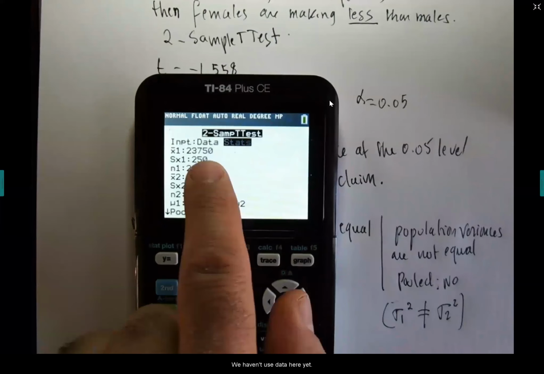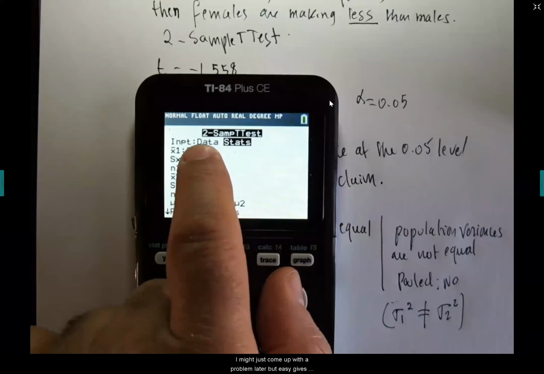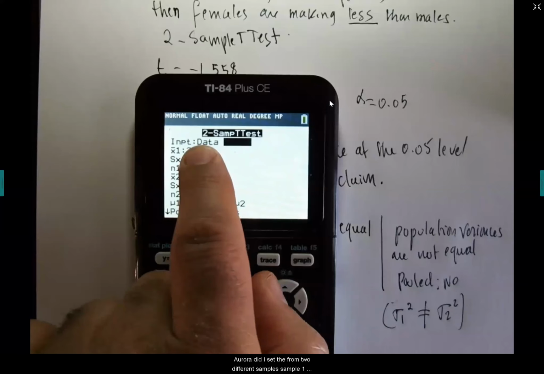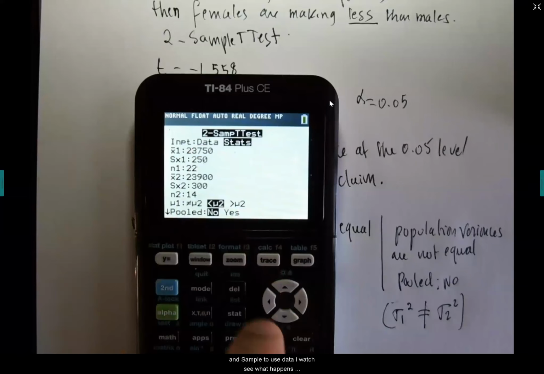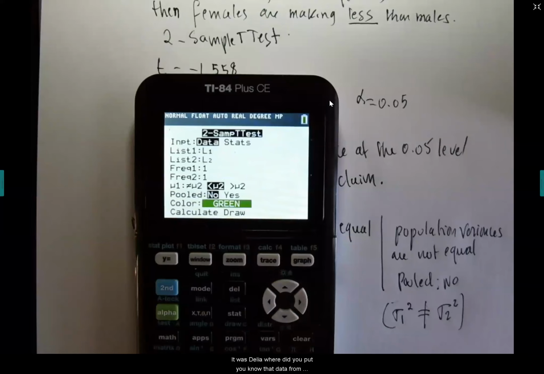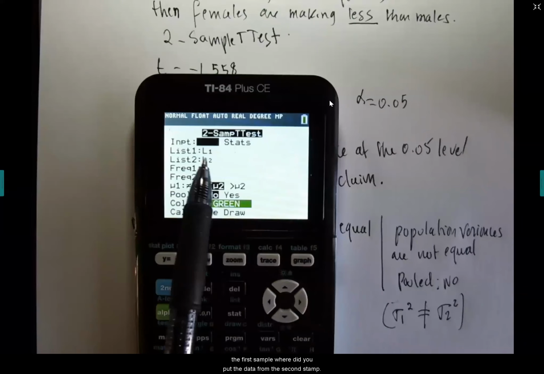We haven't used data here yet. I might just come up with a problem later, but if he gives you just data values, a raw data set from two different samples, sample 1 and sample 2, you use data. And see what happens when you use data. It will tell you where you put the data from the first sample, where you put the data from the second sample.